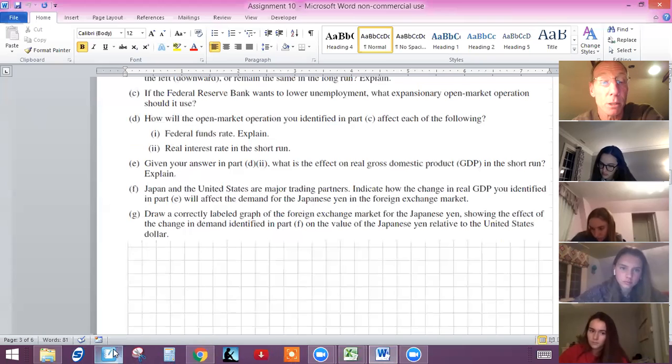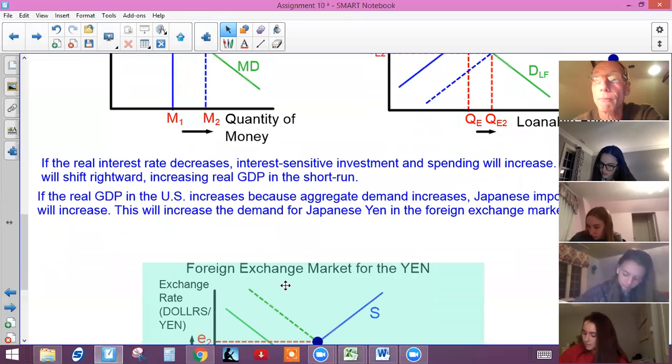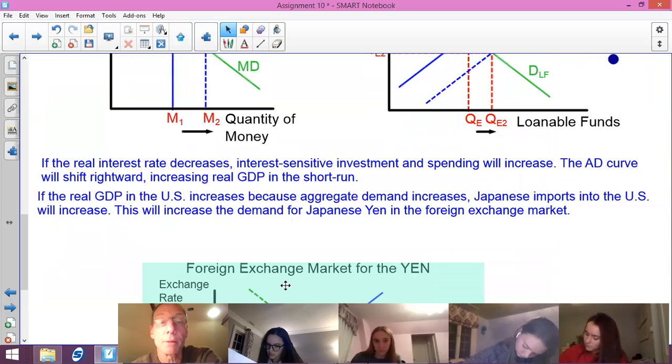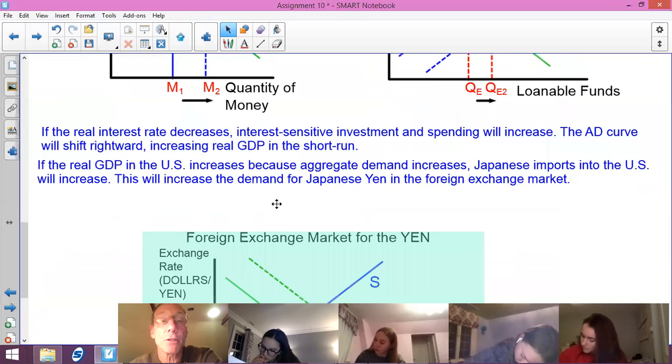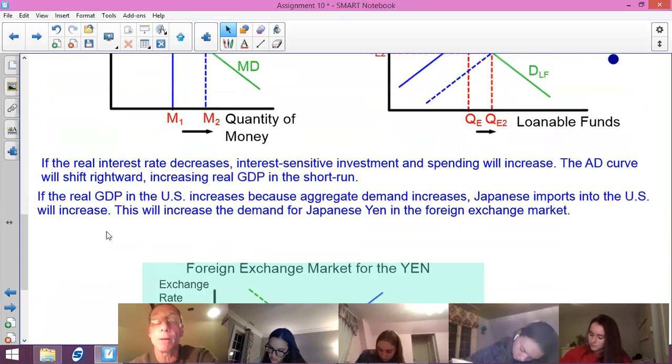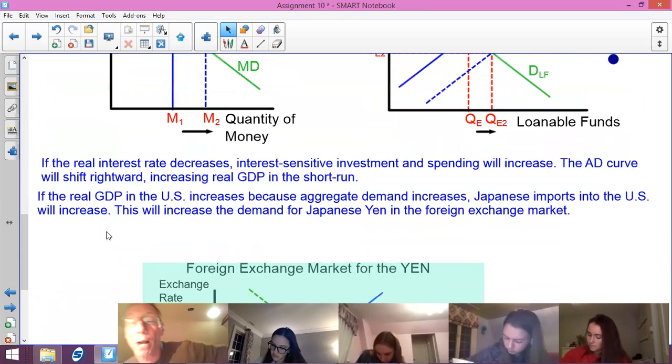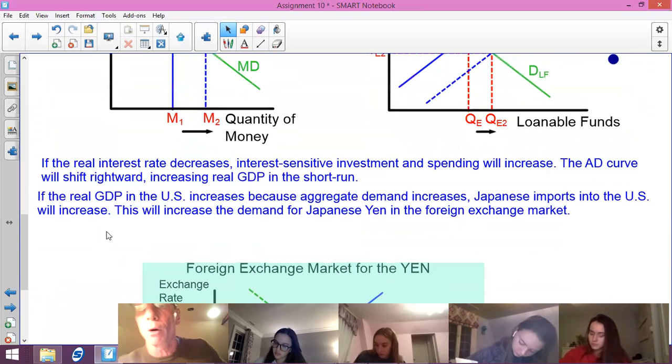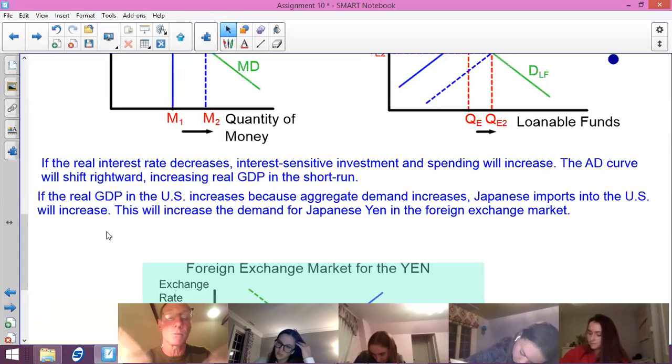Okay. So if real GDP in the U.S. increases because aggregate demand increases, Japanese imports into the U.S. will increase. If there's more demand in the U.S., that's demand for everything. So there'll be more folks buying Japanese cars and things like that, Japanese whatevers.